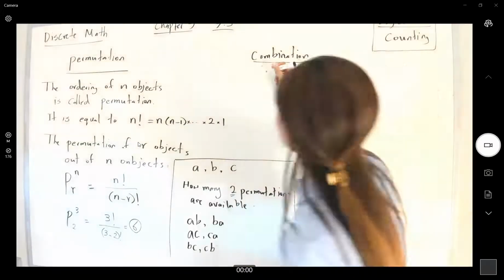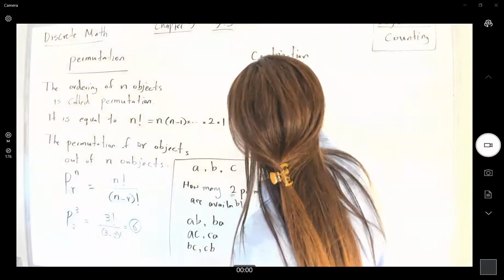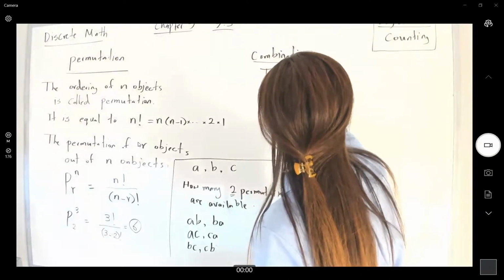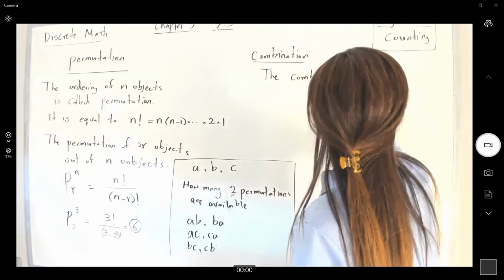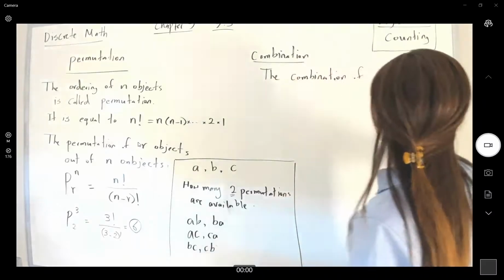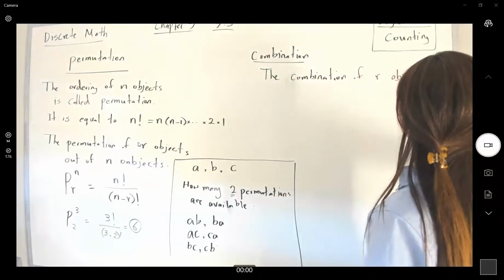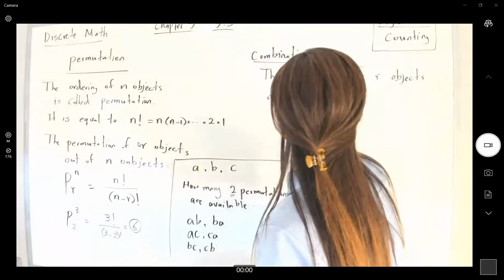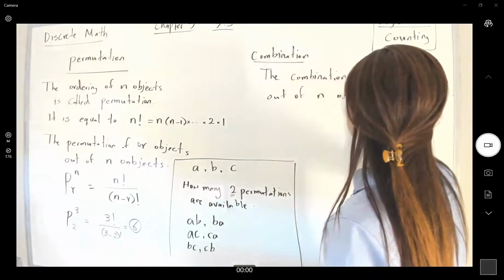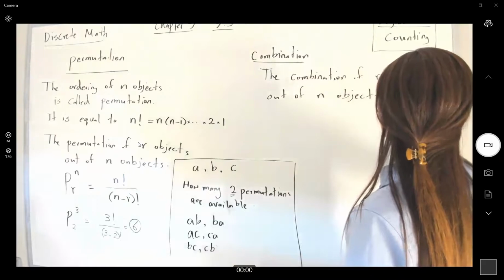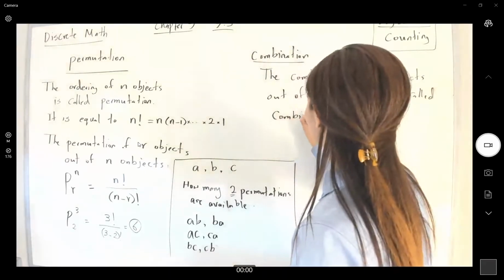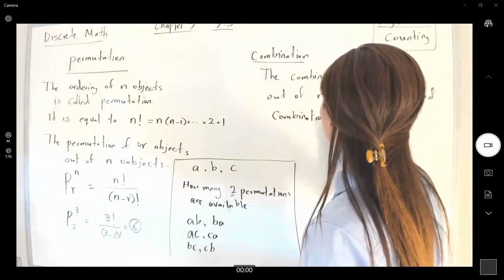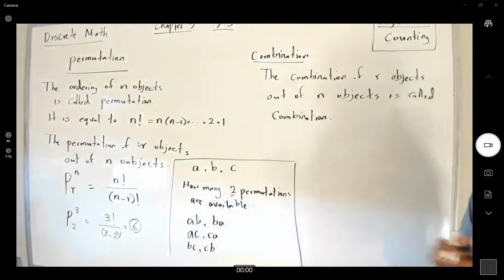The combination of r objects out of n objects is called combination, and it is denoted by, what do we do usually?